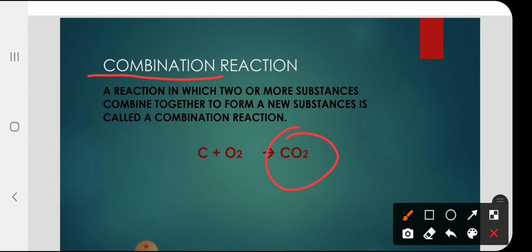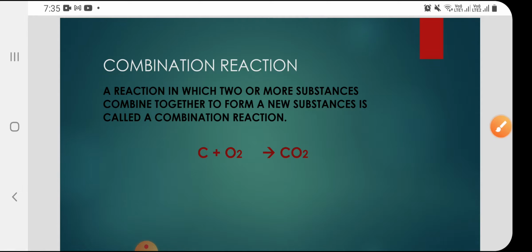Nitrogen dioxide, nitrogen and oxygen. So combination reactions are those in which two or more simpler substances combine with each other and give a compound which has entirely new properties.